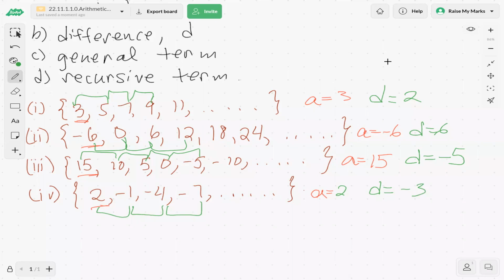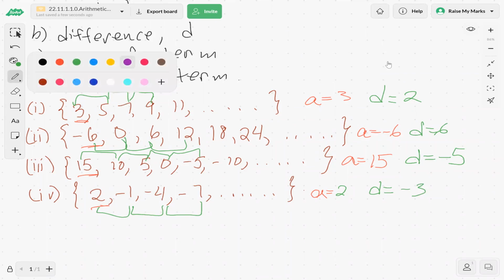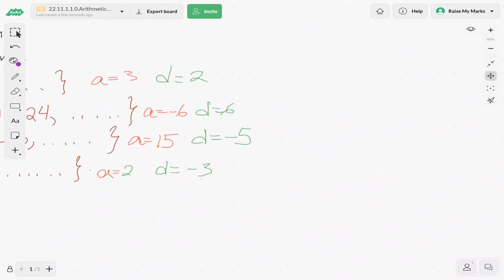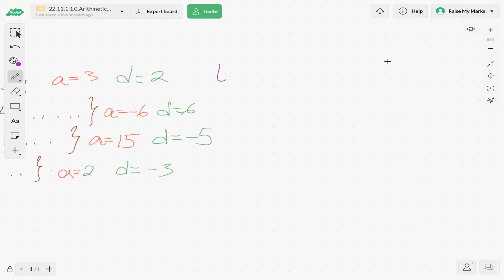Okay, we're doing good. Now what's our general term? Remember the formula for a general term? Tn equals A plus (n minus 1)d. Let's plug that in. We have 3 plus (n minus 1), and d is 2.